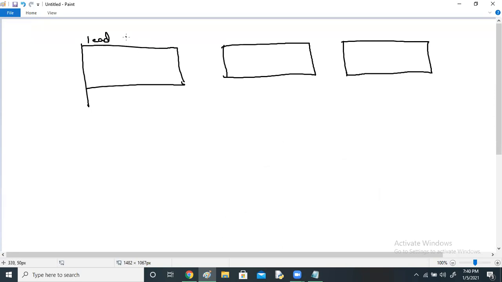Lead replica P1 R1, lead replica P2 R1, lead replica P3 R1. So here 3 into 3 is equal to 9.